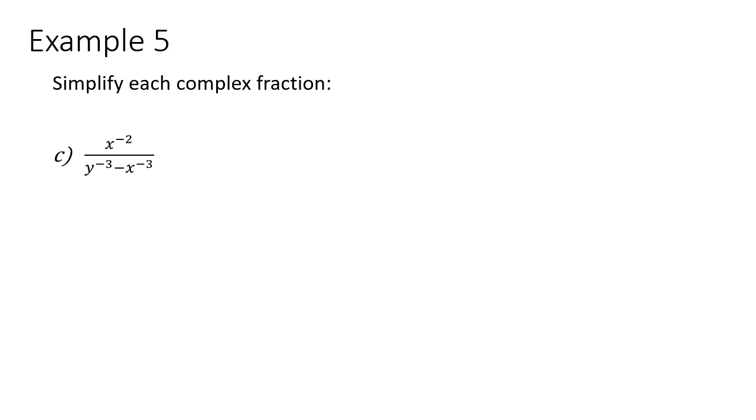Next up, we've got a variation on the complex fractions problem type, and that's when you initially start off with negative exponents. So this doesn't start off looking like fractions inside of fractions, but it is because remember properties of negative exponents. If you've got something like x to the negative n, that's the same as 1 over x to the positive n.